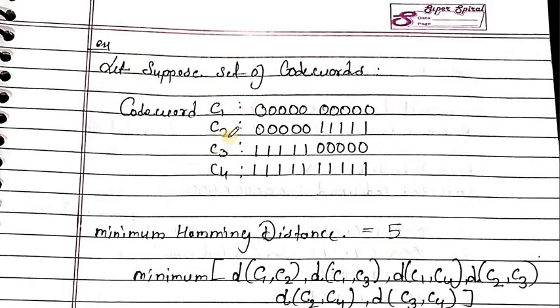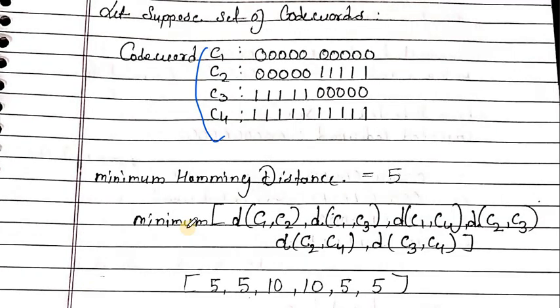Let us suppose we have 4 code words. Code words are the valid strings which follow the Hamming code. Here the minimum Hamming distance is 5. How to find the minimum distance? If we take the XOR of these 2 strings, we get a minimum of 5 ones, and likewise for this string with this.